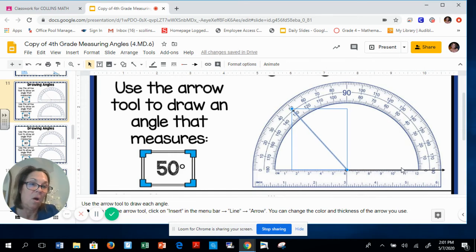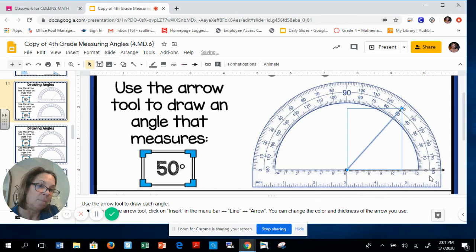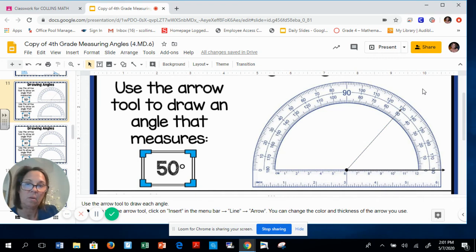That would be all of this mouth of that angle being open, which we know is obtuse. That doesn't make sense. It would not make 50 degrees. So we're using this inside 50 because, again, the 0's here, so I'm using the inside numbers. So that's how you will create your angles with those.